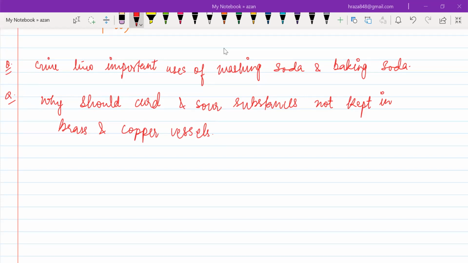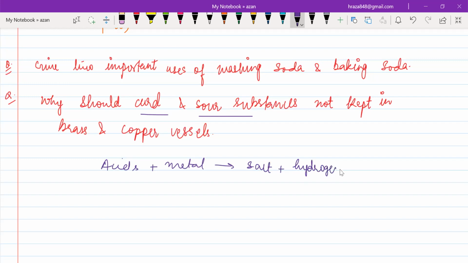Curd and other sour substances contain acid which can react with the metal of brass and copper vessels to form toxic metal compounds. Is it poisonous metal? See, since we know that curd and sour substances are acids, they will react with metal to form salt plus hydrogen gas, not poisonous gas.